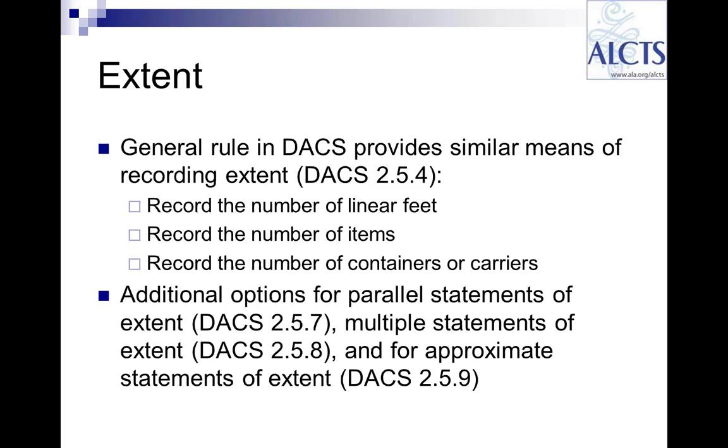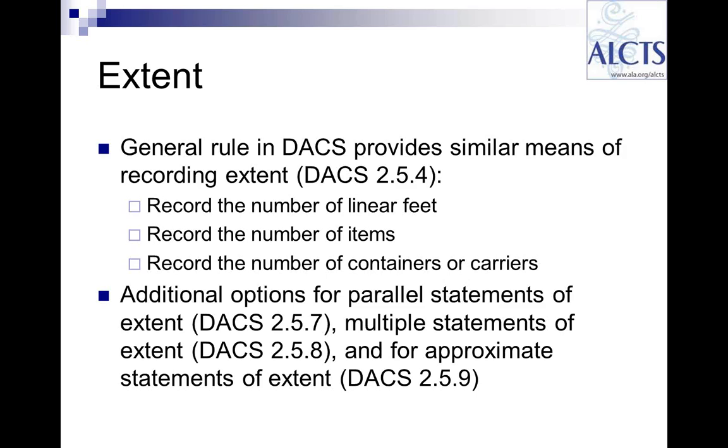Looking at DACS, again, the rules are fairly similar. DACS 2.5.4 provides the main options for recording extent, and those break down into the same categories: linear feet or shelf space, the number of items, or the number of containers or carriers.